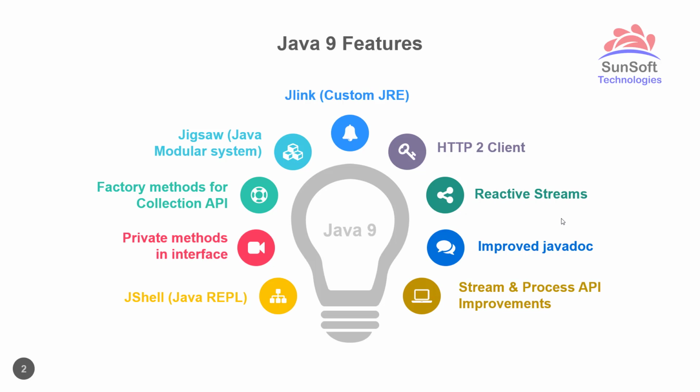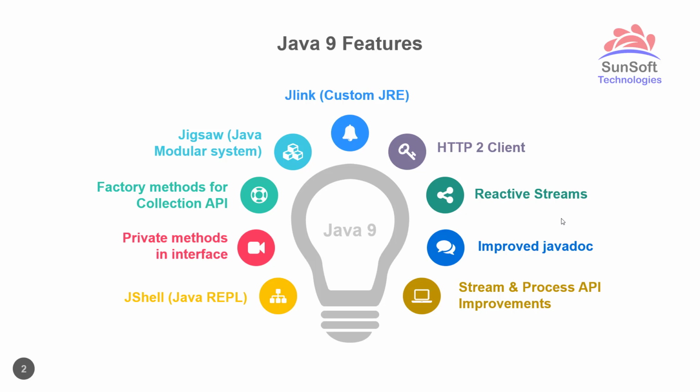And then there is an additional improvement in the stream and process APIs. The stream APIs were already added in Java 8, but now they have got even better in Java 9. And the process APIs have also been added, which help to communicate with processes at runtime and easily manage them.